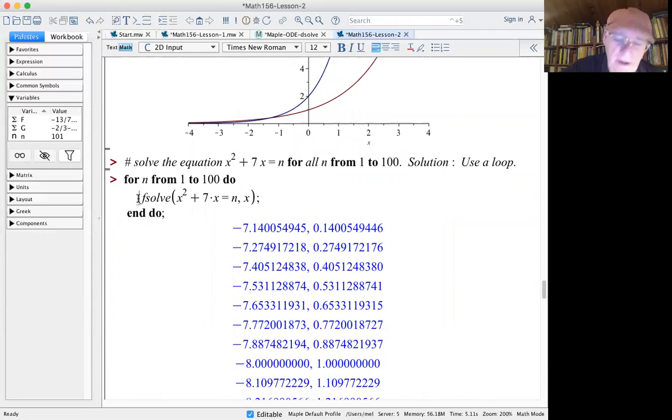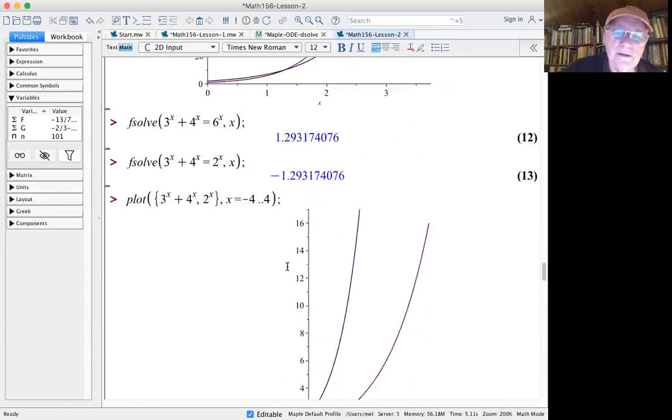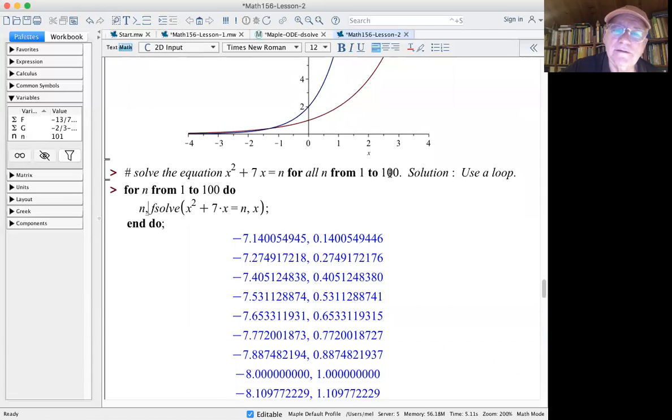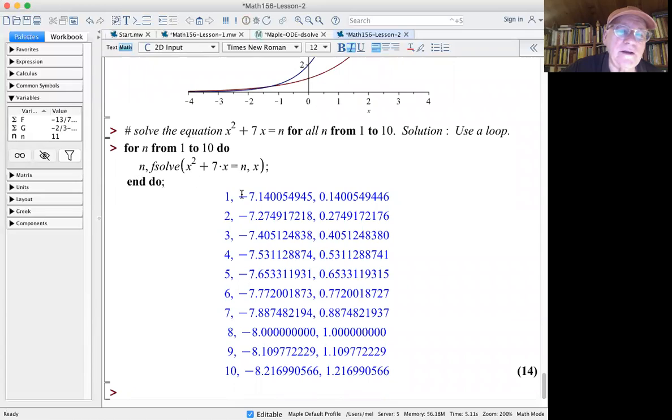If I put an n comma here, and I don't need all that output, so I'll go back to 10. I put an n here, so now I know for each n, which quadratic equation in n, this is the solution.